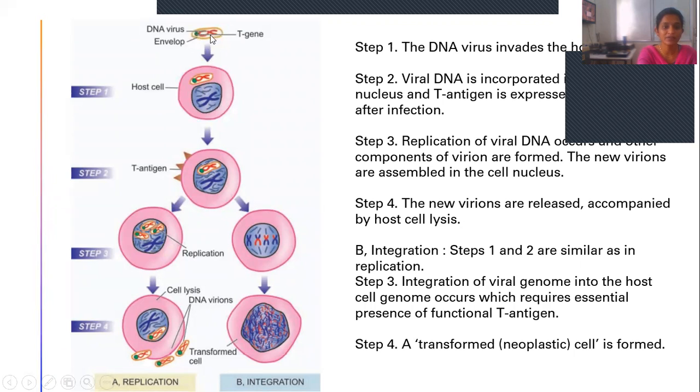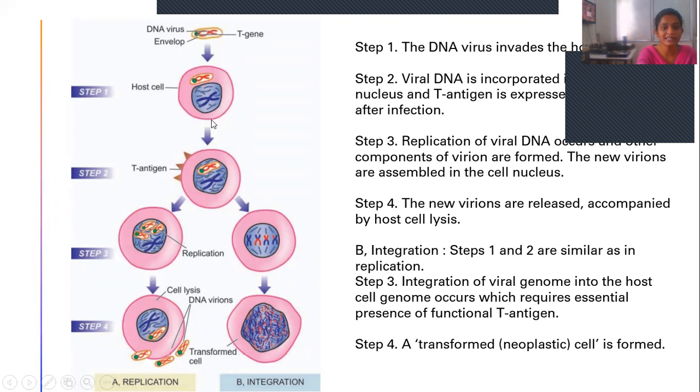The virus enters into the host, reacts with the cell membrane and enters into the cytosol. Once it is in the cytosol, this is the viral DNA, this is the envelope, and this is the T gene. This is the nucleus of the host cell, and this is the DNA of the host cell.